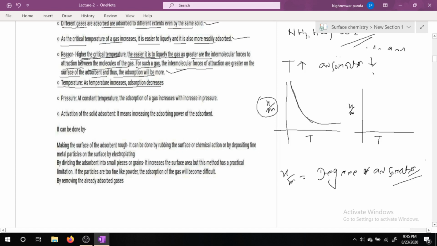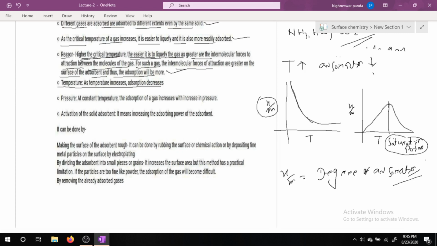Next, if I plot the graph between x by m and temperature for the chemical process, first chemical adsorption increases and then decreases. This point is called the saturation point. Why, for chemical adsorption, with increase in temperature does chemical adsorption increase?